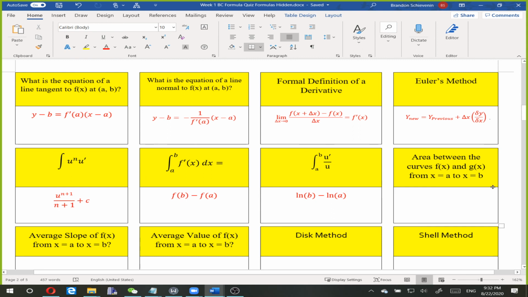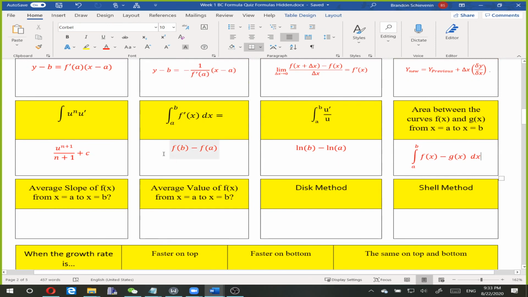Okay. Dx, because, yep, so we're integrating in terms of x. Okay. Kelly, what is the average slope of f of x from a to b?